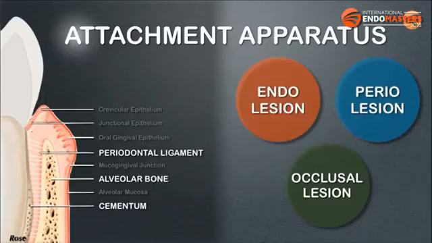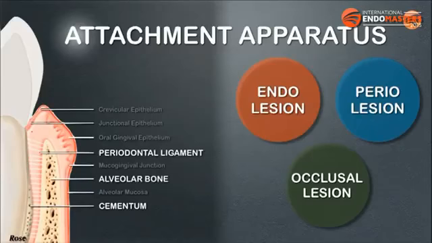The periodontium consists of those tissues that surround and anchor the tooth in the maxillary and alveolar process. These tissues include the gingiva and the gingival attachment to the tooth, formed by the cementum, the periodontal ligament, and the alveolar bone. The attachment apparatus can be affected by three different diseases: of endodontic, periodontal, or occlusal origin.